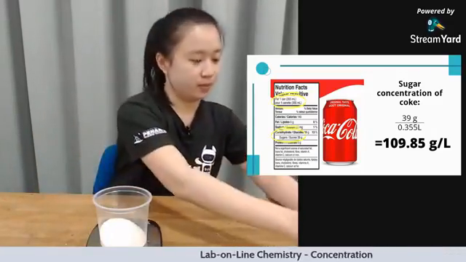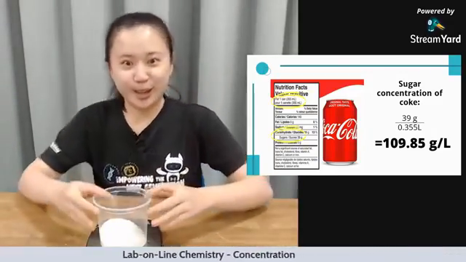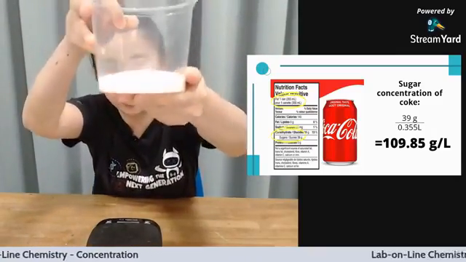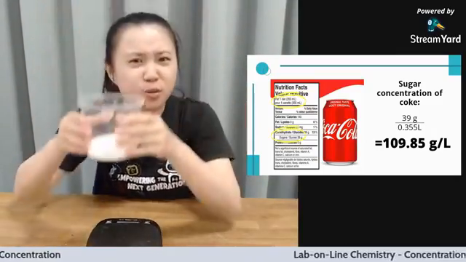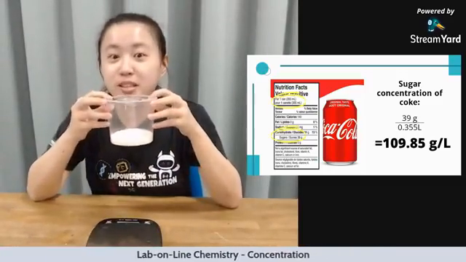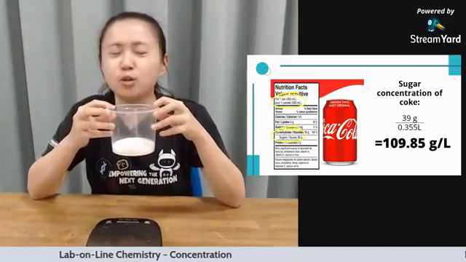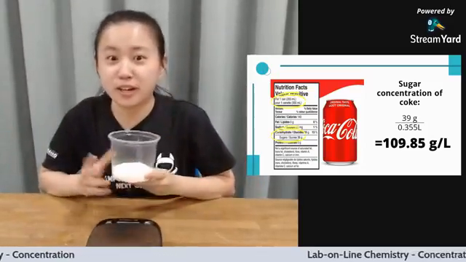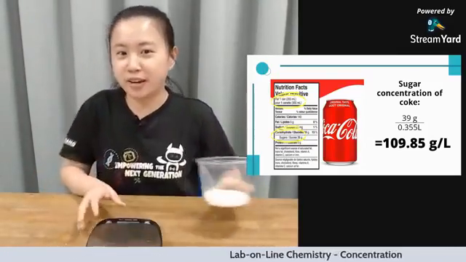Whew. This is a lot. Can you see this is 109 grams of sugar? So if you drink 1 liter of Coca-Cola, you are actually consuming this much sugar. So should we give our kids or our children Coca-Cola to drink? Let us find out next.